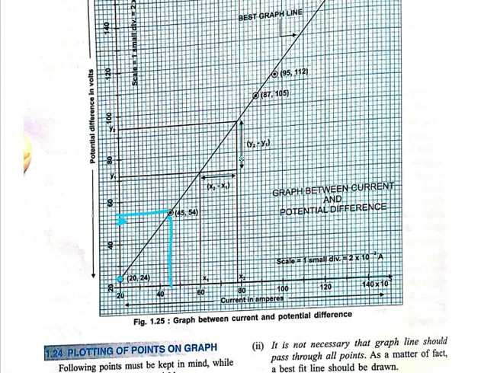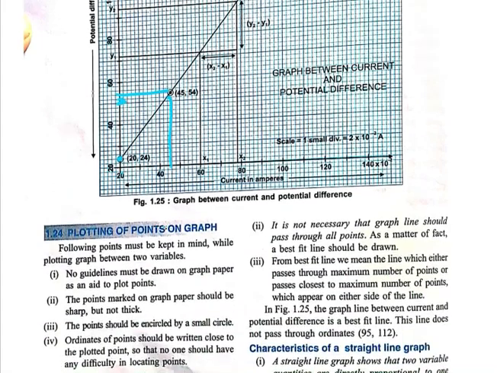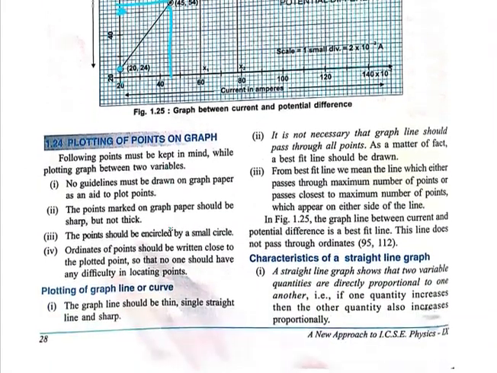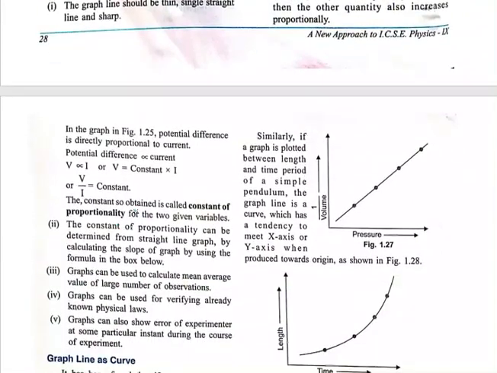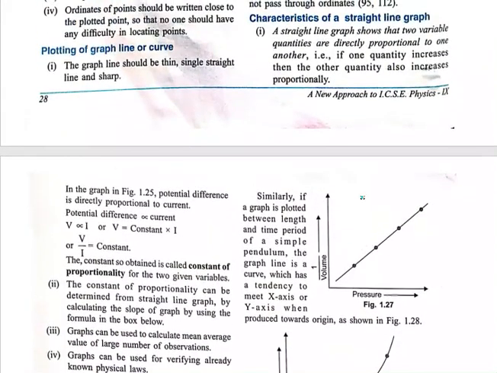It is very easy. You just go through this. The characteristic of a straight line graph: a straight line graph shows that the two variable quantities are directly proportional to one another.